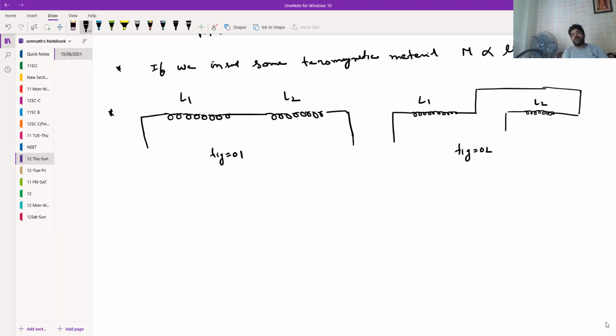My main aim is to find the equivalent inductance in both cases. So in the first case, my equivalent inductance is L1 plus L2 plus 2M. And for this one, equivalent inductance is L1 plus L2 minus 2M. Now I'm a little bit confused why this happened, why I'm putting a plus sign here and a minus sign here.